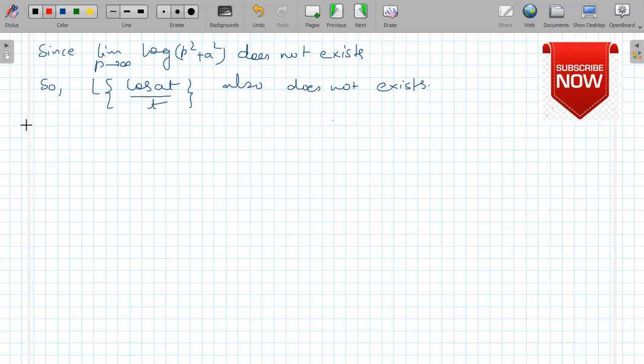Let me take one different example where the function is divided by t square. Find the Laplace transform of 1 minus cos t divided by t square. Okay.